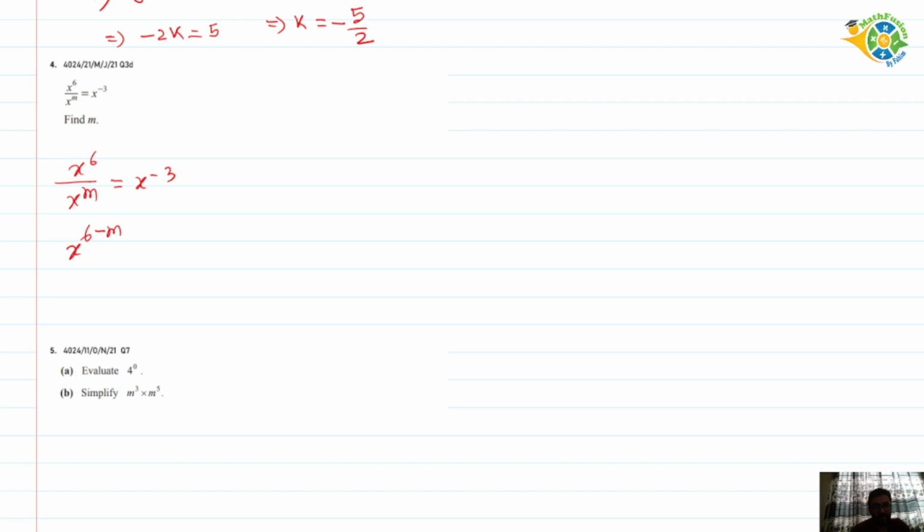So x to the power 6 minus m equals x to the power minus 3. As the bases are the same, the powers will also be the same. So we can write 6 minus m equals minus 3. So minus m equals minus 3 minus 6. So minus m equals minus 9. So finally m equals 9.